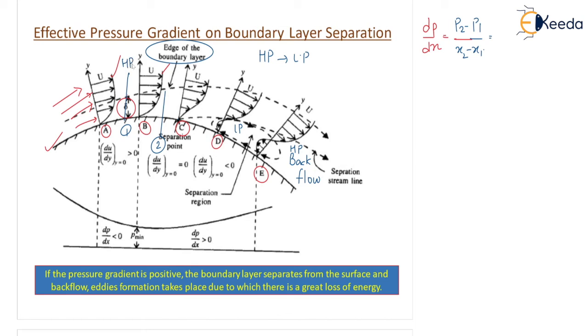So definitely this is high pressure, this is your low pressure, LP. So P2 minus P1, low pressure minus high pressure, is negative, and you're going in the positive x direction, so x2 minus x1 is always positive. So dP by dx is negative, that is less than 0 for the attached flow.